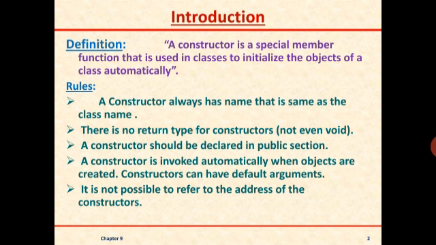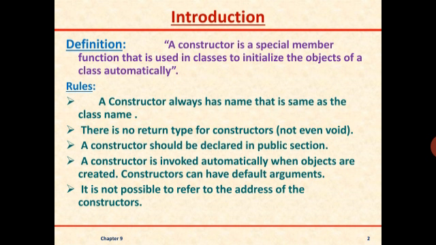Third rule is the constructor should always be declared in a public section. We know that in a class, 3 access specifiers are there: private, public and protected. But a constructor should always be declared in the public section only.